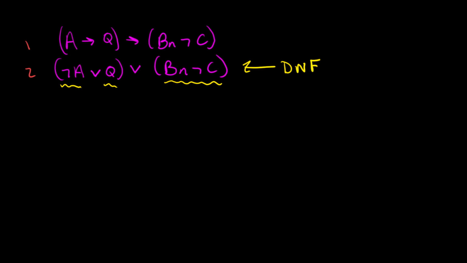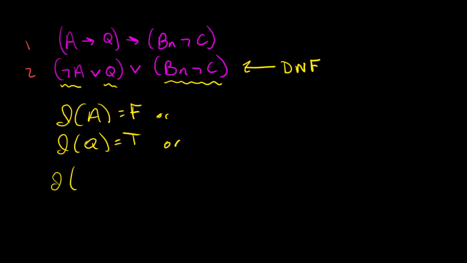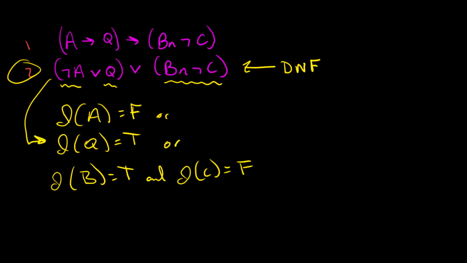Well, I see that this particular formula, line 2, is true provided either A is false or Q is true, or the interpretation has B true and C false. So just by looking at 2, I'm able to read off the truth conditions of that formula, and I know what needs to be the case in order for this formula to be true.